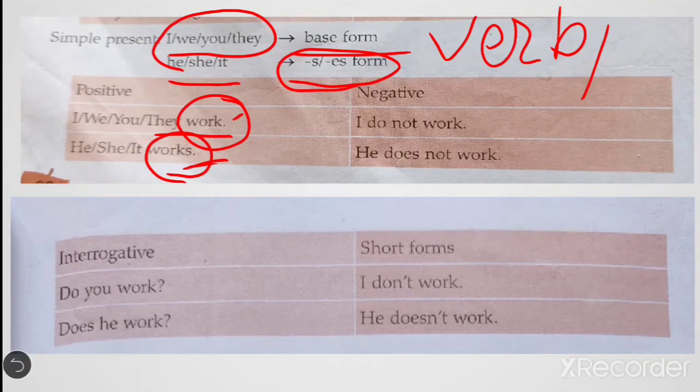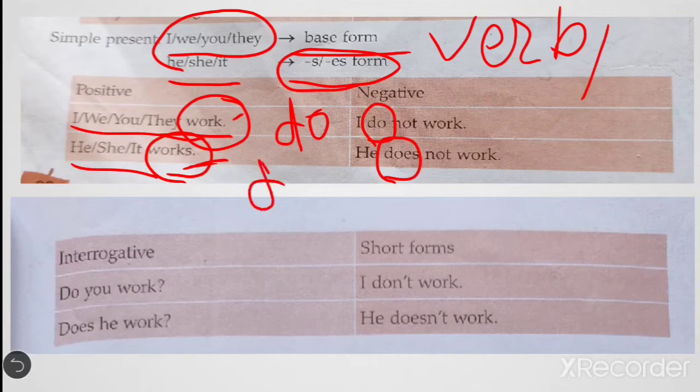But when you turn into negative, at that time you have to use do and does in simple present tense. With I, we, you and they, you have to use do in negative. With he, she, it, you have to use does in negative sentence. And when you use this does, at that time you have to remove s.